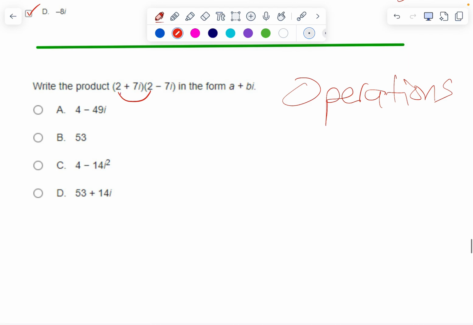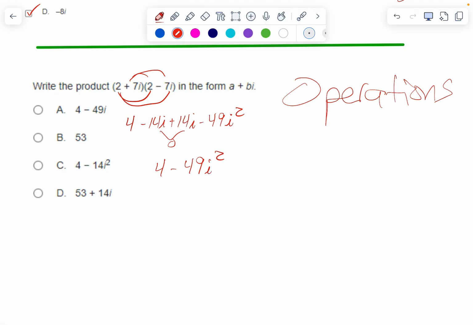Okay, so we just distribute, and we'll get 4 for 2 times 2, and then negative 14i, and then 14i, and then negative 49i squared. And combine your like terms in the middle. Those become 0.